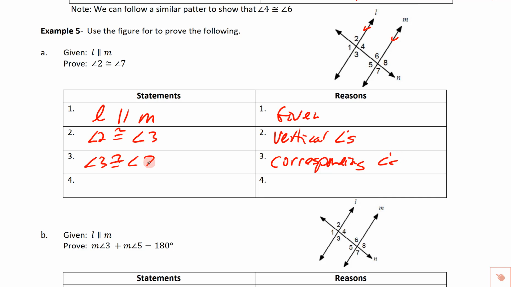Angle 3 is congruent to angle 7. So we automatically know that angle 2 is congruent to angle 7. We cut out the middleman here. You can call this the transitive property, or substitution. And I will work on my penmanship at some point, but probably not right now.